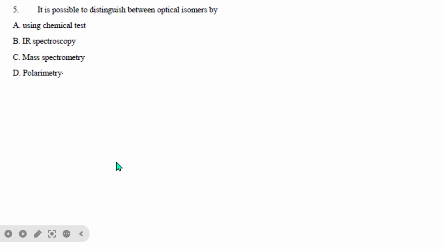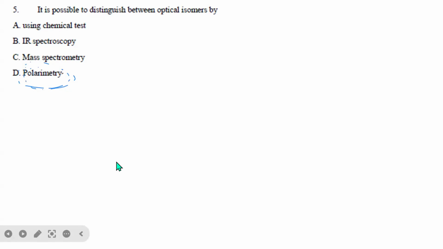So polarimetry here is the answer. L means levorotatory and D means dextrorotatory.